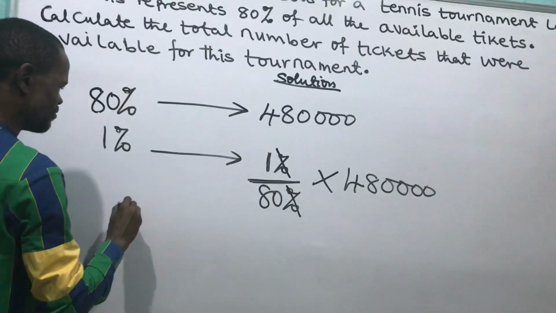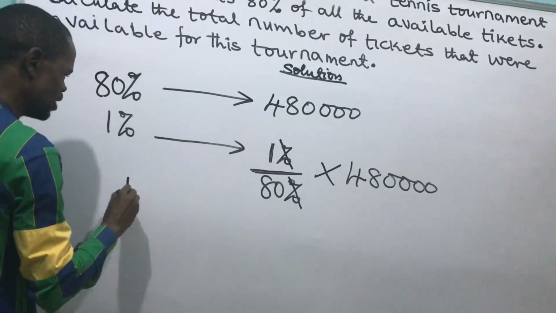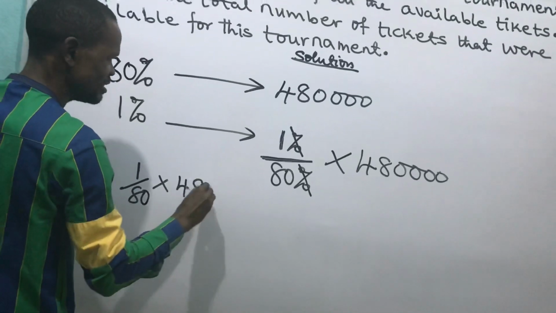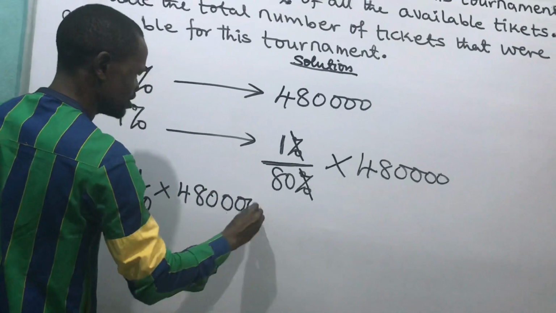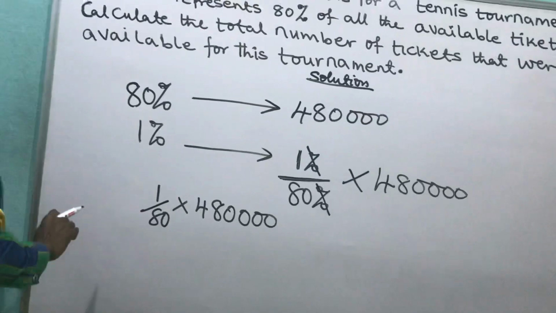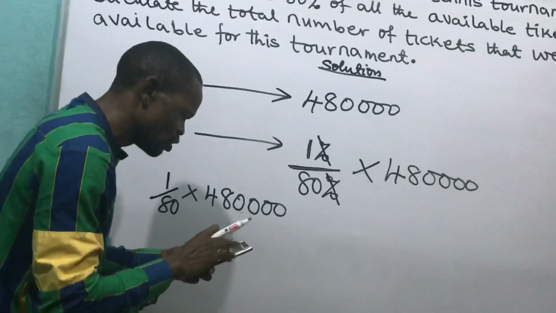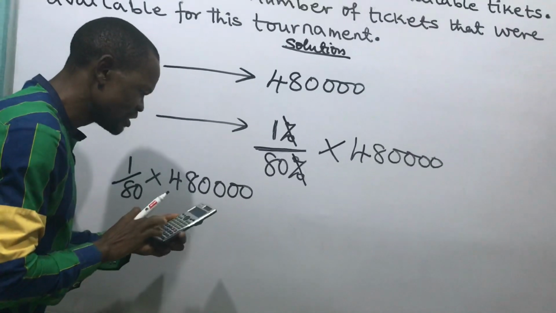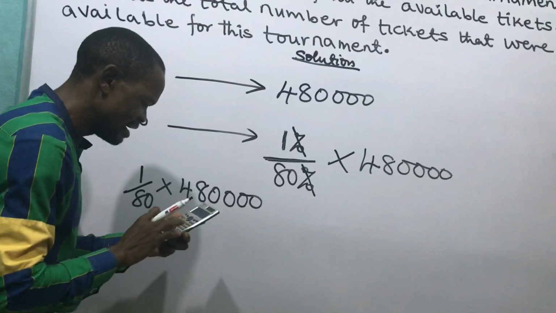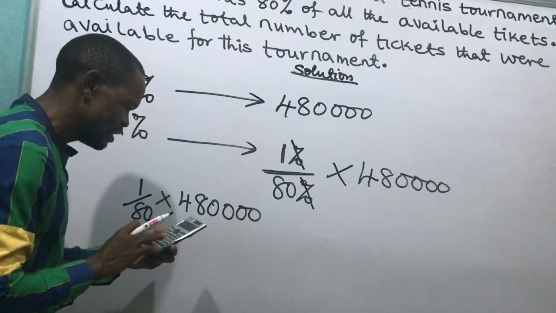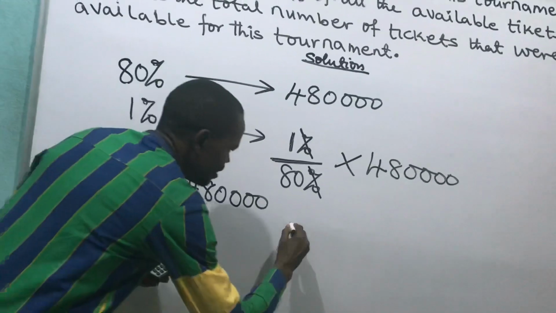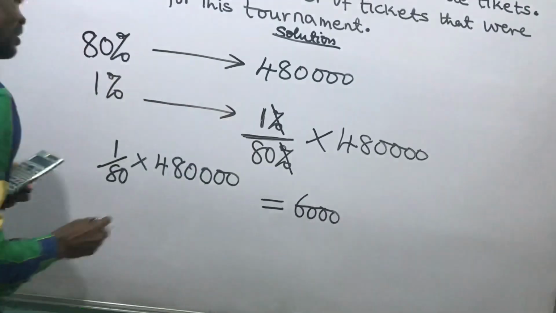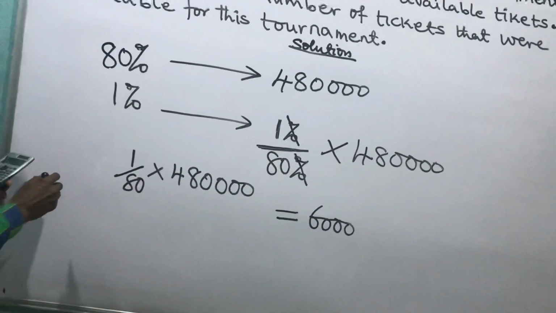I will now have 1 all over 80 times 480,000. And if I do that with my calculator, 480,000 divided by 80 gives me 6,000 tickets. Then that's what 1% represents.